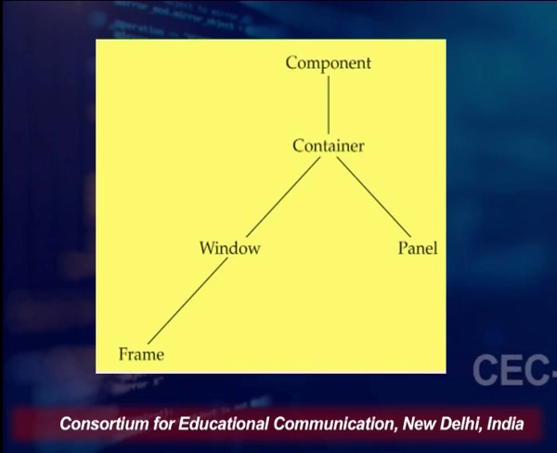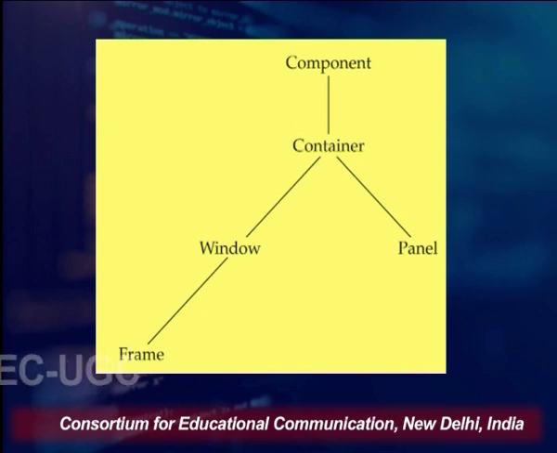Then Container has two more subclasses, Window and Panel. As I was just saying, Panel is a kind of window which is used for the applet. As far as Window is concerned, that is for displaying standard windows. And within Window, it is the Frame which is categorically used.